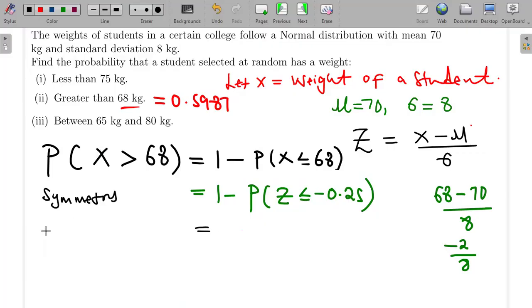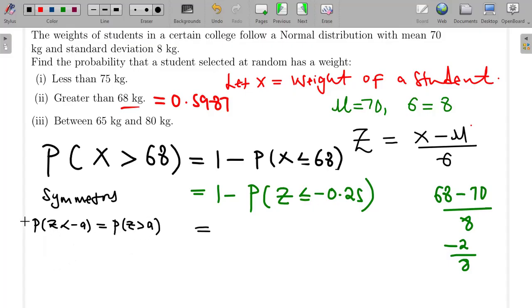Symmetry says that the probability of Z being less than a negative number is the same as the probability that Z is greater than the same number, but with a positive sign. By the symmetry rule.